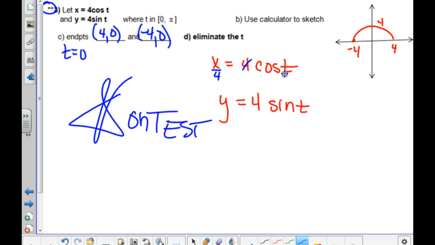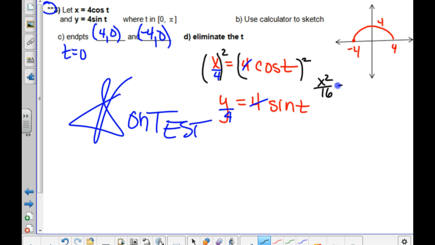so that we have x over 4 equals cosine, and y over 4 equals sine. Then it's okay to do something as long as you do it to both sides, right? So we're going to square both sides. This will become an x squared over 16.